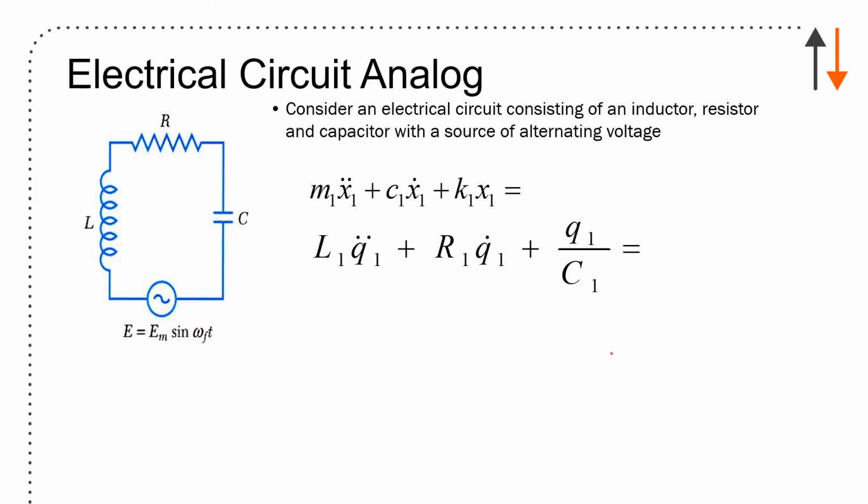The last thing is the electrical circuit analog. We don't do very much with it other than say, look, you can do some sort of matching between a displacing system, a spring mass damper system, by creating an electric circuit. And if you're very interested, I encourage you to look at it.